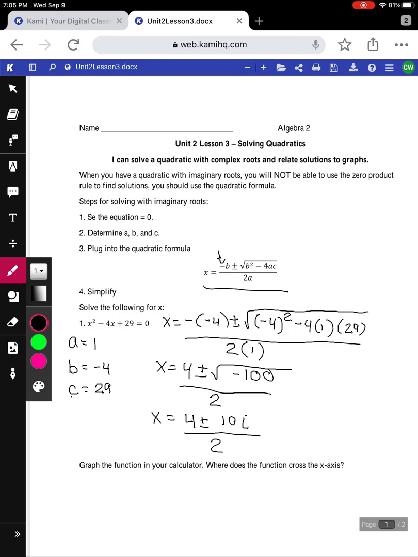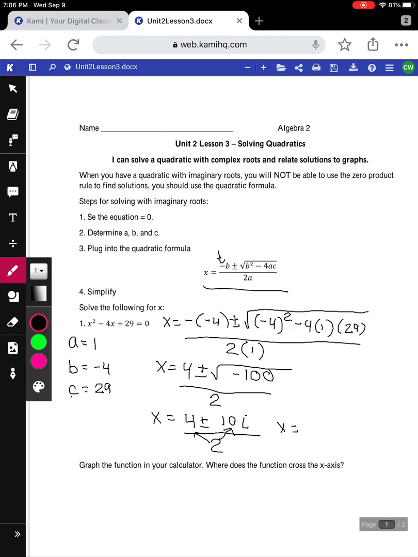You just have to remember to put your i there for the negative. Now look and see the two numbers, are they divisible by 2? If they are both divisible by 2, you can go right ahead and divide them by 2 and simplify even more. You cannot combine the 4 and the 10i because one has an i, the other doesn't. This is the last thing you could do to simplify.